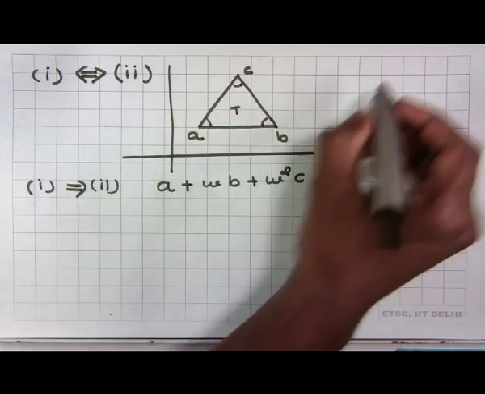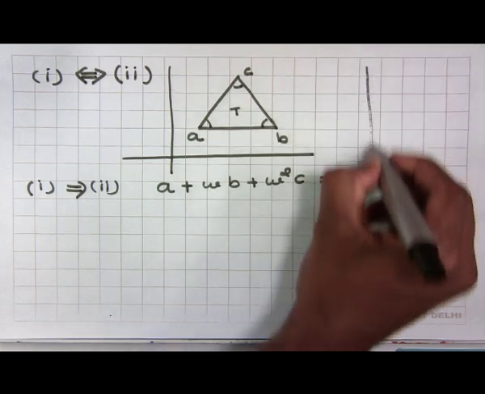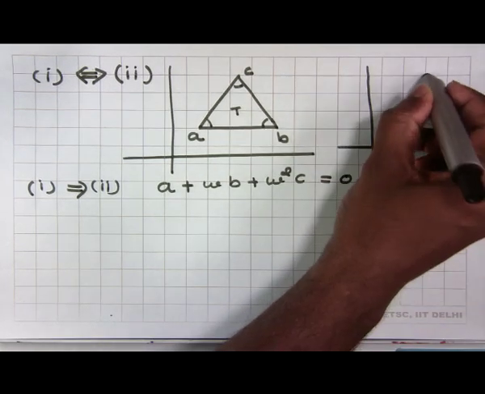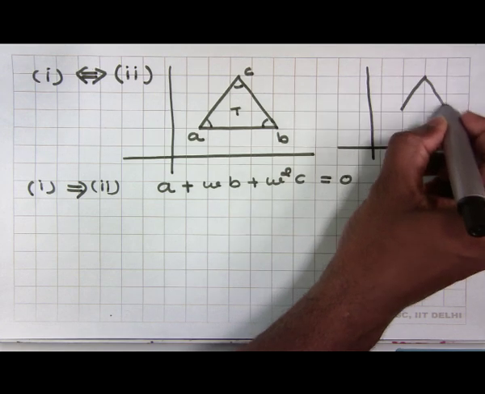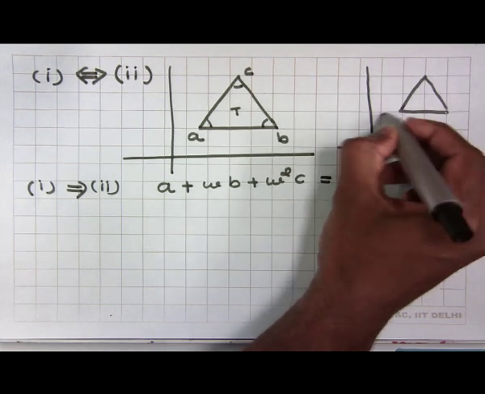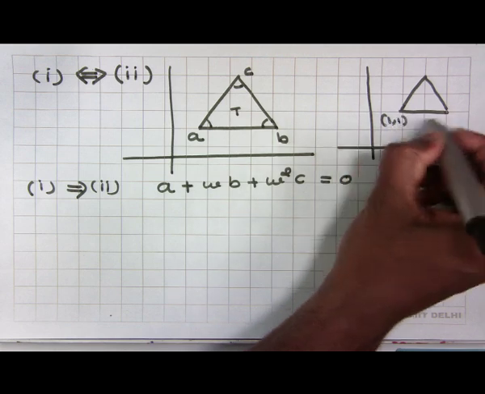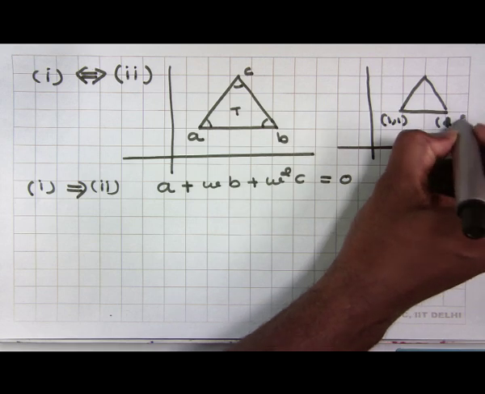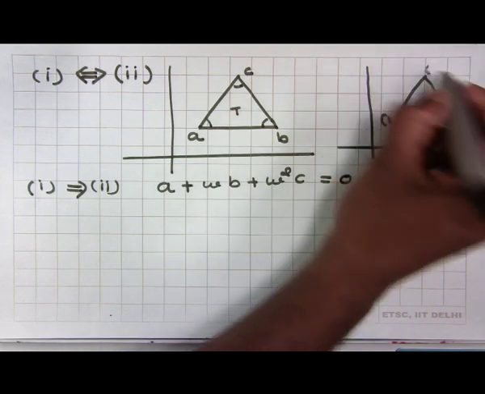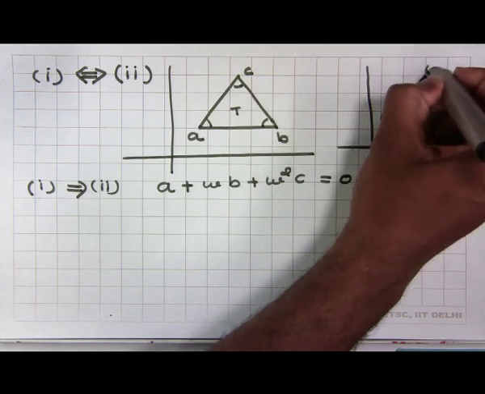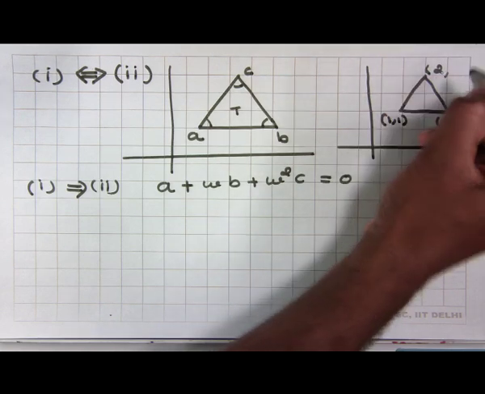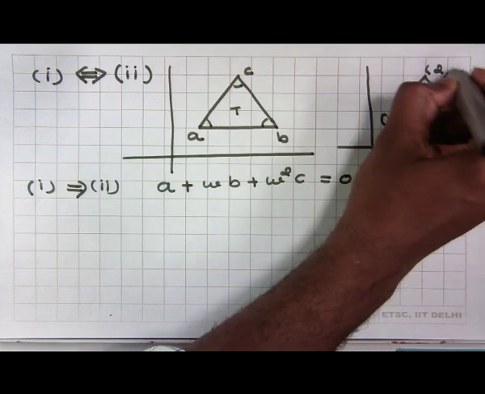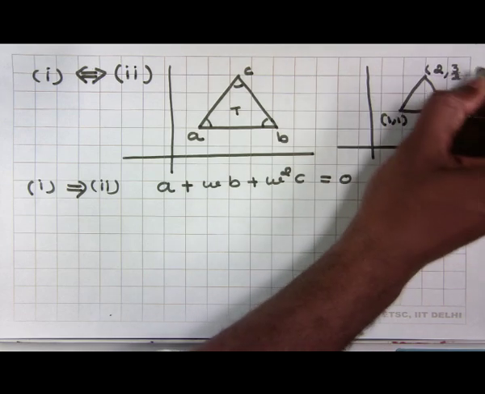Meaning, just consider that you have a triangle with vertices, let us say at 1 comma 1, and this is 3 comma 1, and let us say this is 2 comma 1 and a half. Okay.